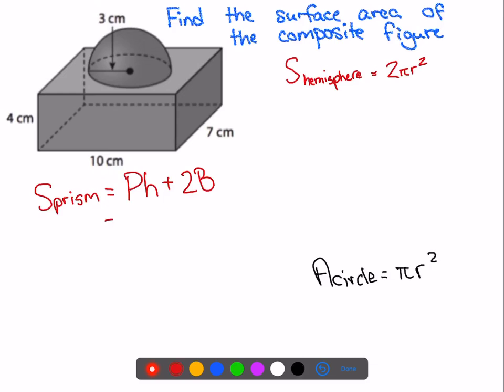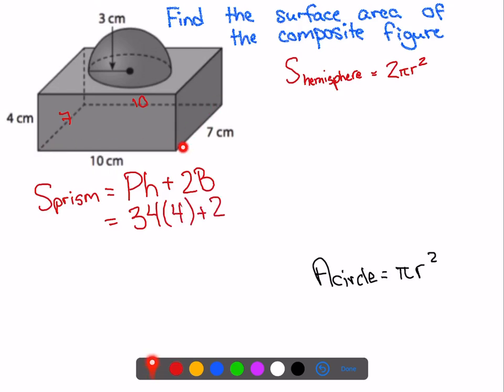All right, so the perimeter of our rectangular prism, well, if it's a rectangle, I know that opposite sides will be congruent. And so the perimeter is 7 plus 7 plus 10 plus 10, which gives us 34, times the height of our prism, which is 4, plus 2 times the area of our base.